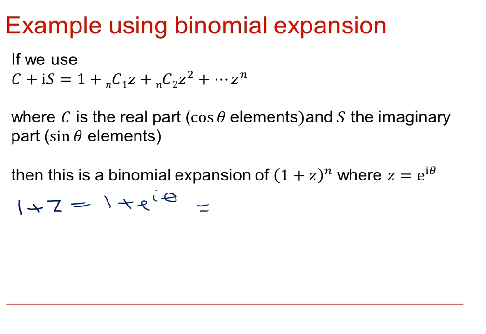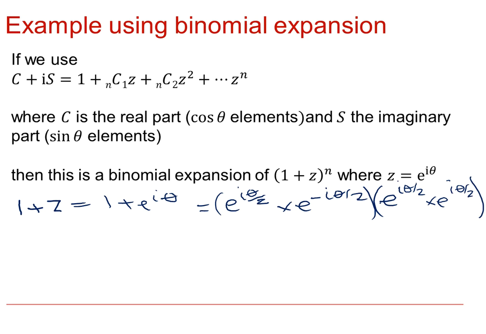If we use a trick in terms of writing the 1 as e to the i theta over 2 times e to the minus i theta over 2, and e to the i theta as being e to the i theta over 2 times itself, using the index laws, then we can rewrite that by taking out the e to the i theta over 2 common factor outside a bracket, where we have e to the i theta over 2 plus e to the minus i theta over 2.